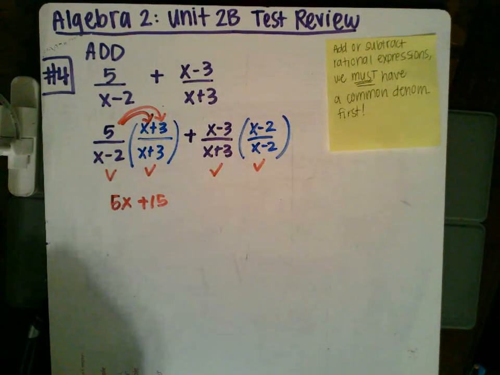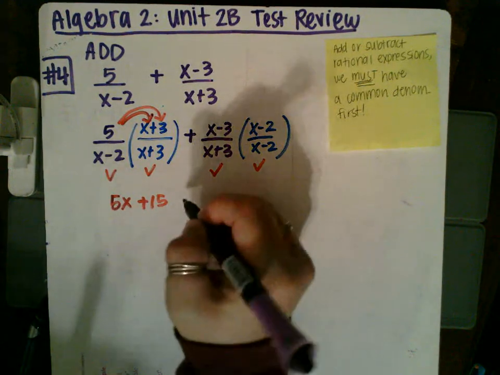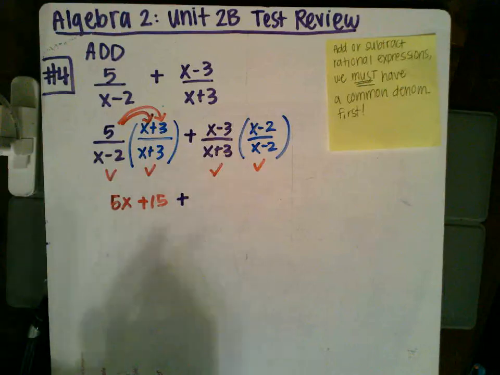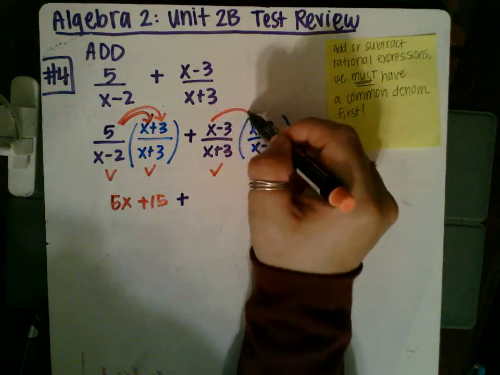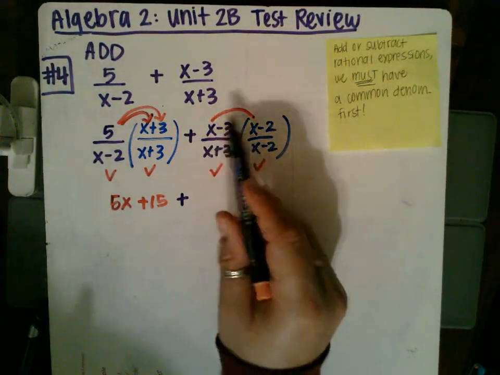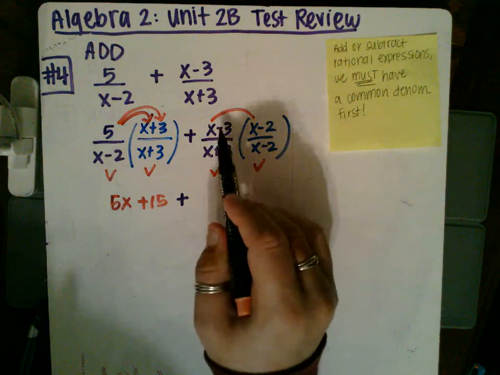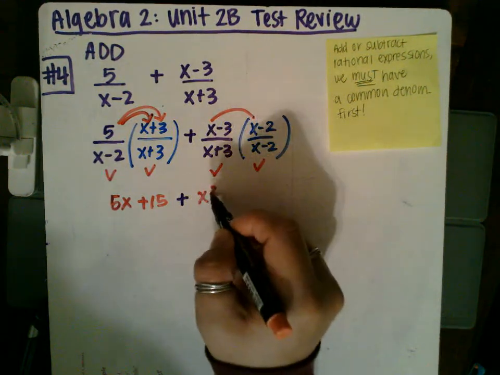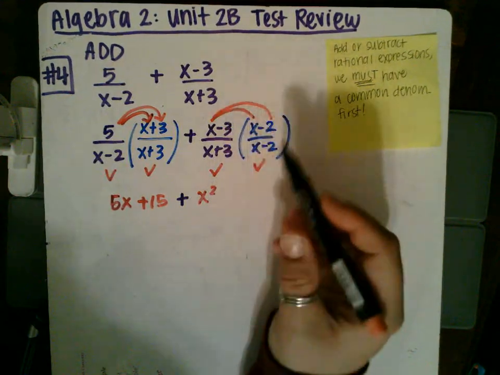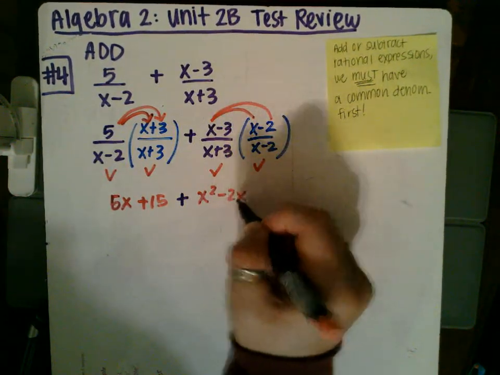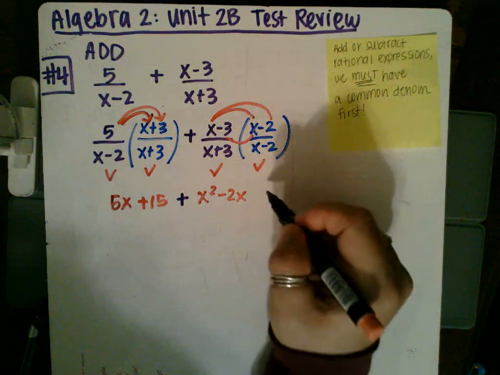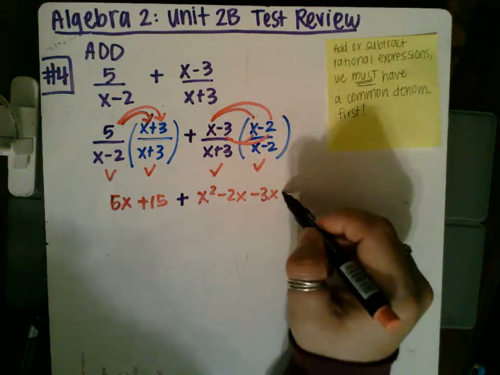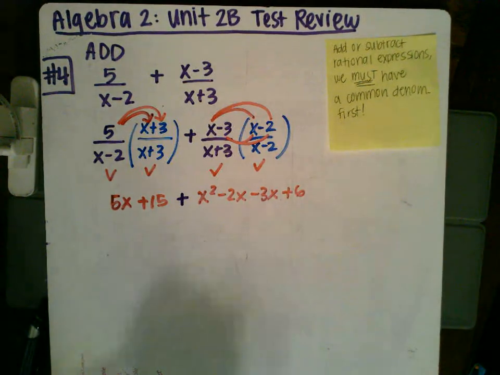That's our first expression. Then we have plus our second expression, x minus 3 times x minus 2, so we're going to have to do a double distribution. x times x is x squared, x times negative 2 is negative 2x, negative 3 times x is negative 3x, negative 3 times negative 2 is positive 6.